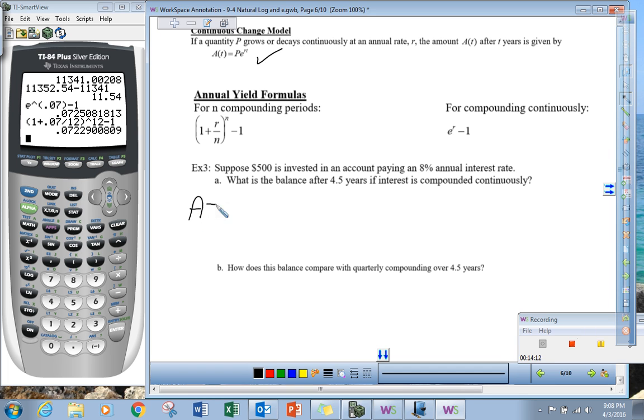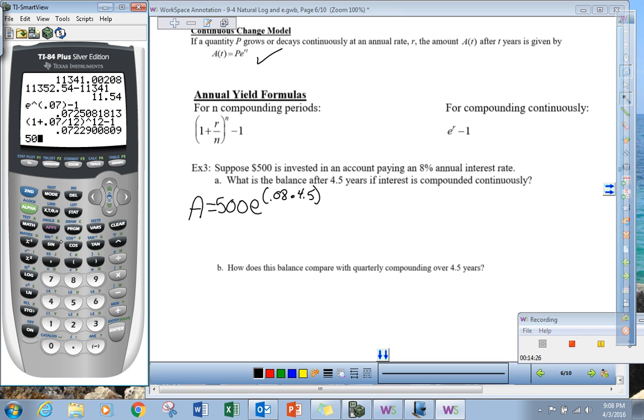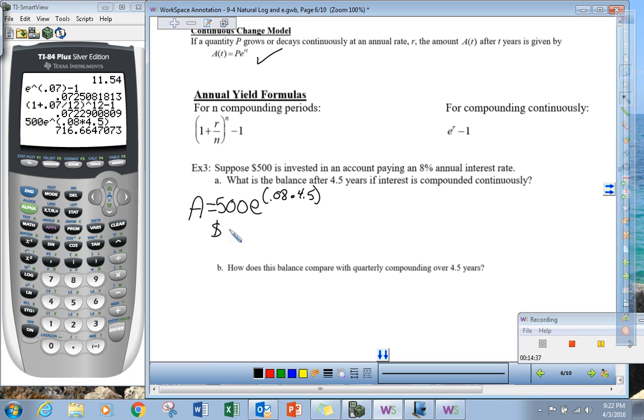My amount's going to be the $500, my principal, e to the 0.08 times 4.5. So 500, e, 0.08 times 4.5. Looks like I'm going to get $716.66.